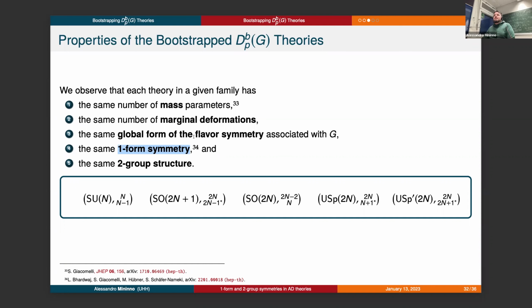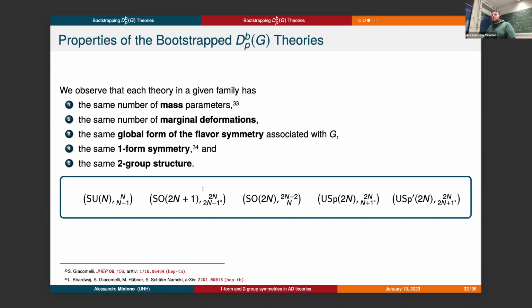The global form of the flavor symmetry is trickier, but one can study the 3D mirror if it is known, study the flavor symmetry of the Coulomb branch of the 3D mirror using Hilbert series and so on, and come up with the global form. And marginal deformations and mass parameters have been studied at length by Simone and other people, and you can see that they work in this way. They belong to the same family.